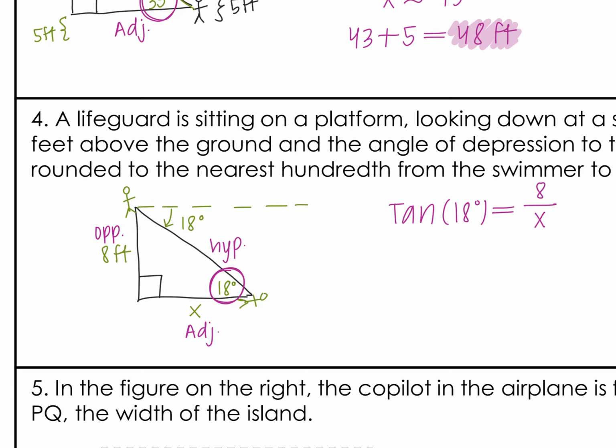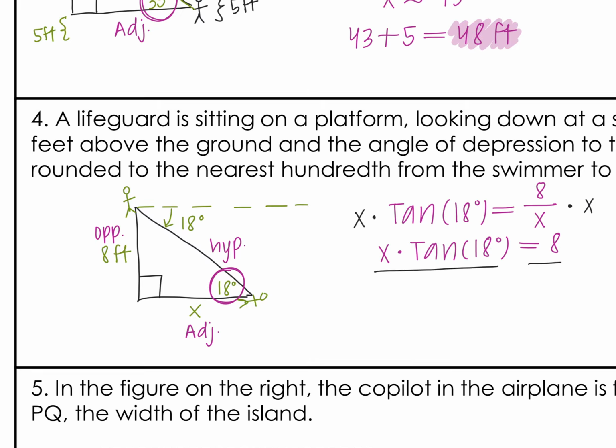Okay, then working through and solving. I'm going to multiply both sides by my denominator, as I talked about in the previous one. And when you do that, you're going to get x times tangent of 18 degrees is equal to that 8. Now, unlike in the previous problem, here my x is not isolated. I need to remove that tangent of 18 degrees and move it to the other side.